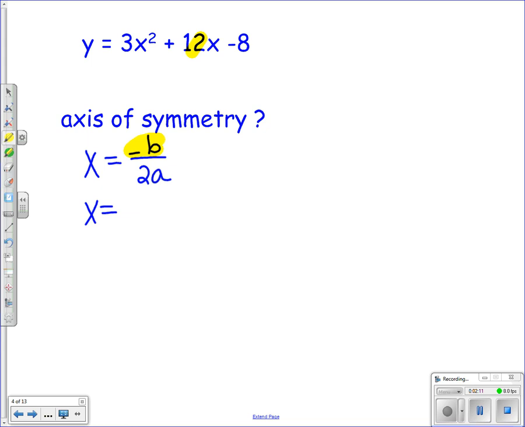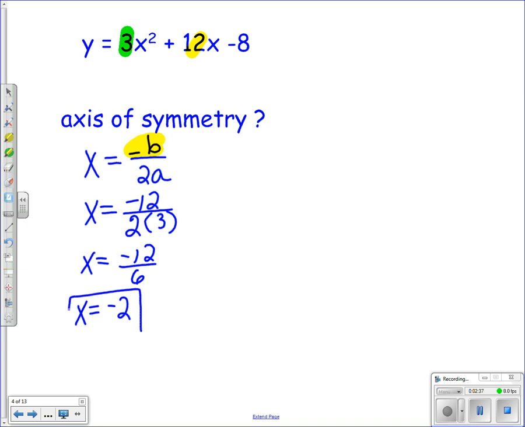So a negative b means that we are going to have a negative 12 over 2 times a, and a in this case, of course, is our leading coefficient, so we're going to substitute a 3 in for our a. That means that we have x equals negative 12 divided by 6. X is equal to negative 2. This is our axis of symmetry. Notice that it is a vertical line equation. X equals negative 2 solves our problem for the axis of symmetry.